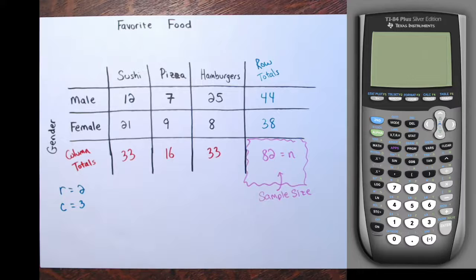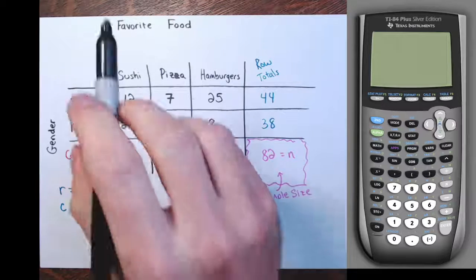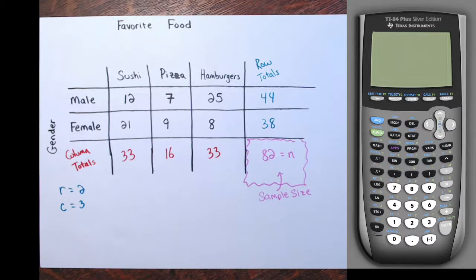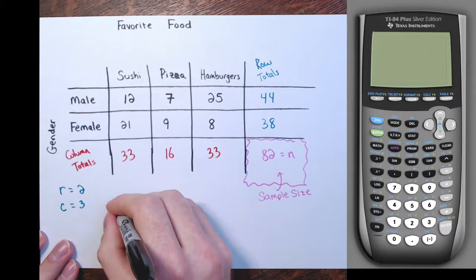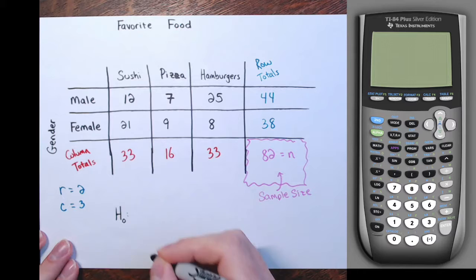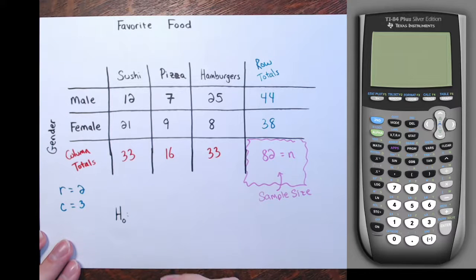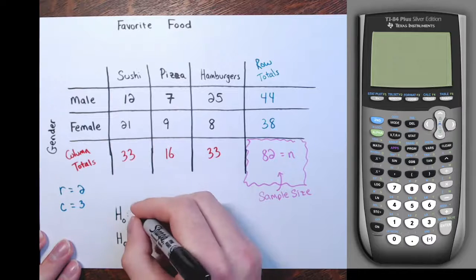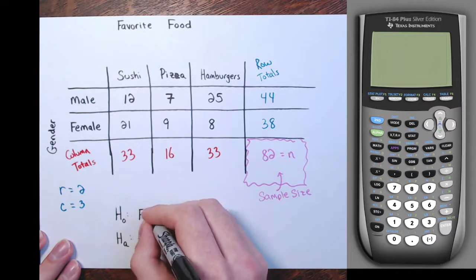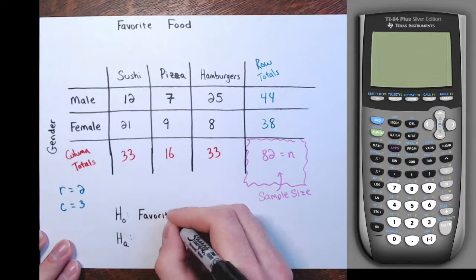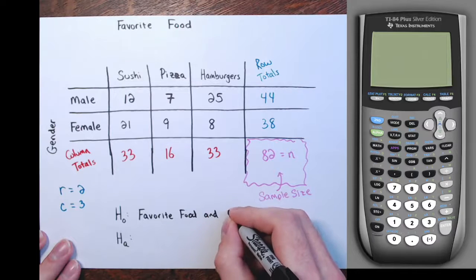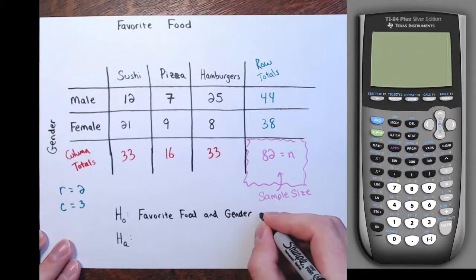All right. So we're testing whether or not favorite food and gender are independent. Do they have some sort of association or not? So the hypotheses, as I've mentioned before, will be the same for all these tests for independence. The null hypothesis is that a student's favorite food and their gender are independent.